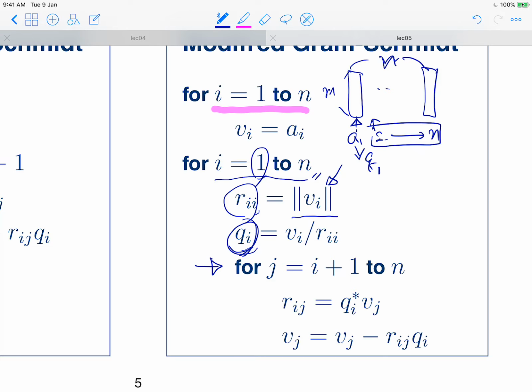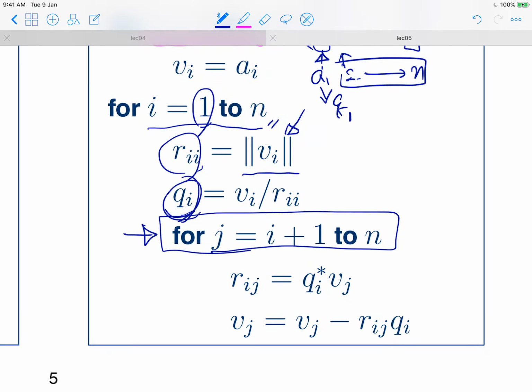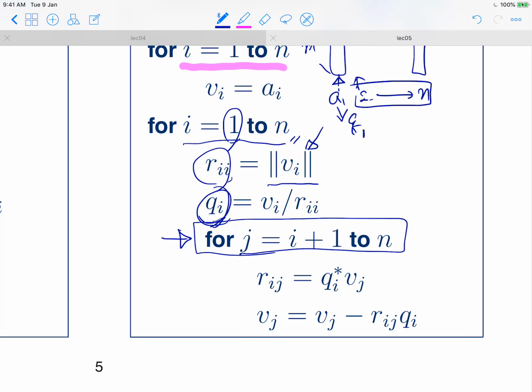For the second to the last column, which is represented as this for loop, okay, so we have a vj over here.